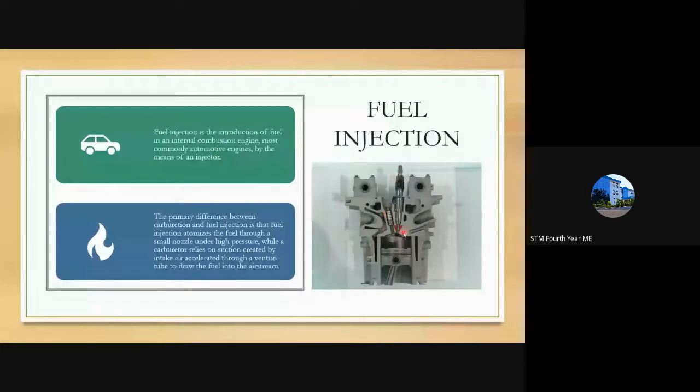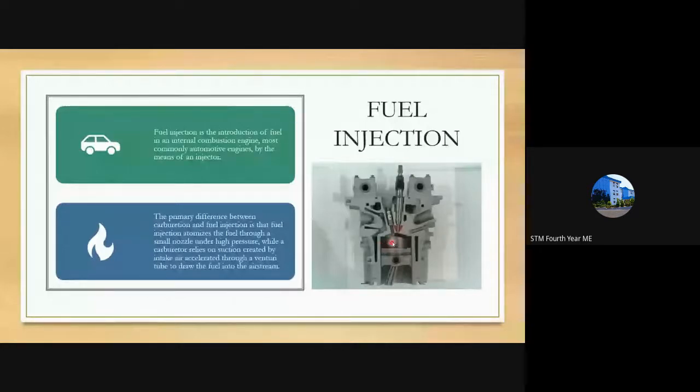In a conventional petrol engine, there is no injector. While in a modern petrol engine, there will be an injector and also a spark plug. Both will be provided. So the function of the injector is to spray or provide fuel into the combustion chamber of the internal combustion engine.